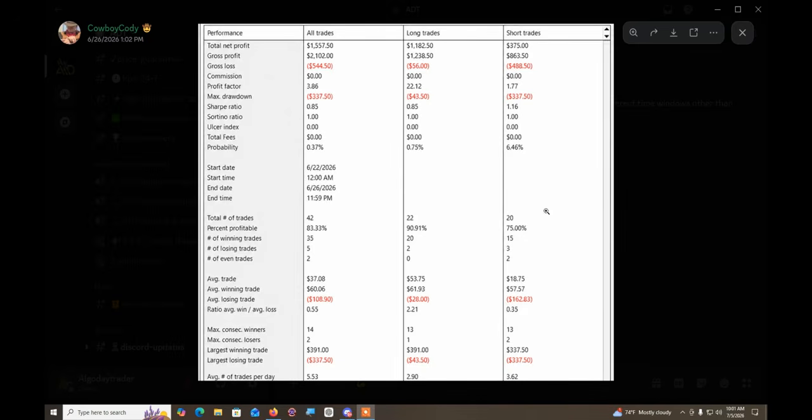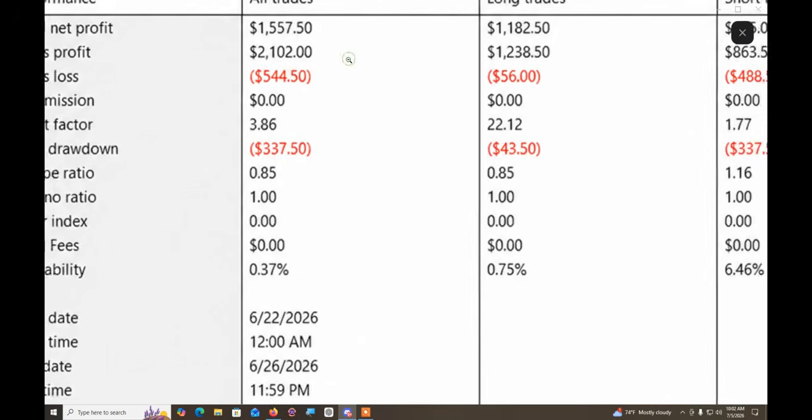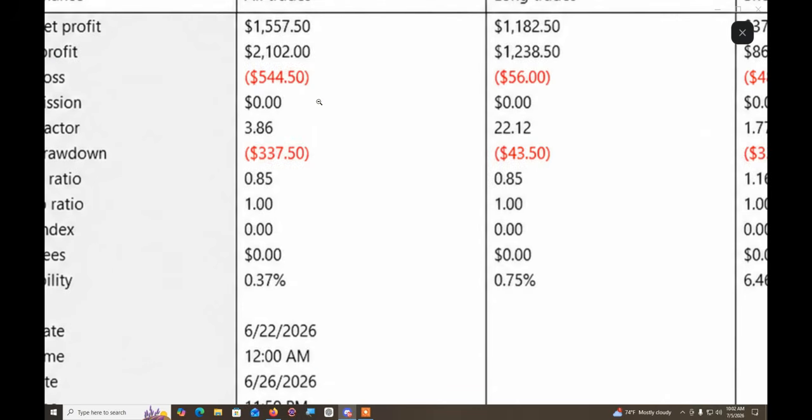Finally, he posted some totals, and you can see they're very impressive. Again, trading just 1 micro using the filter direction in TimeTrader for positions. Over $1,500 in profit. Very small max drawdown here, $337.